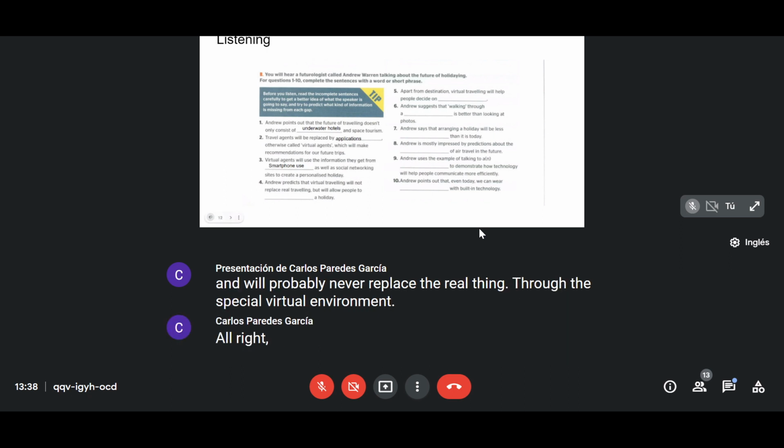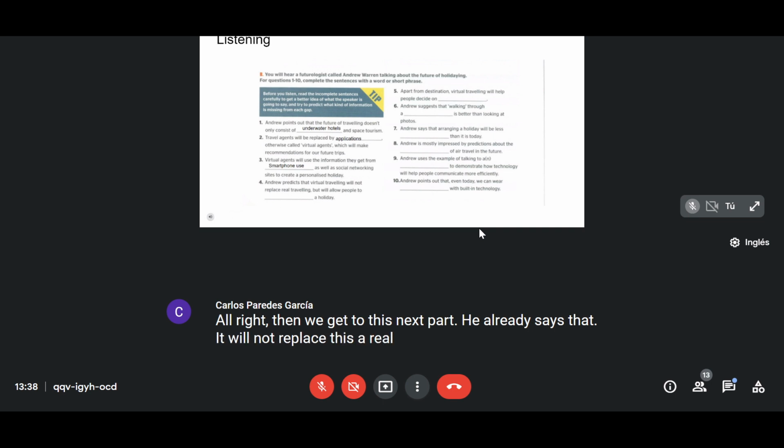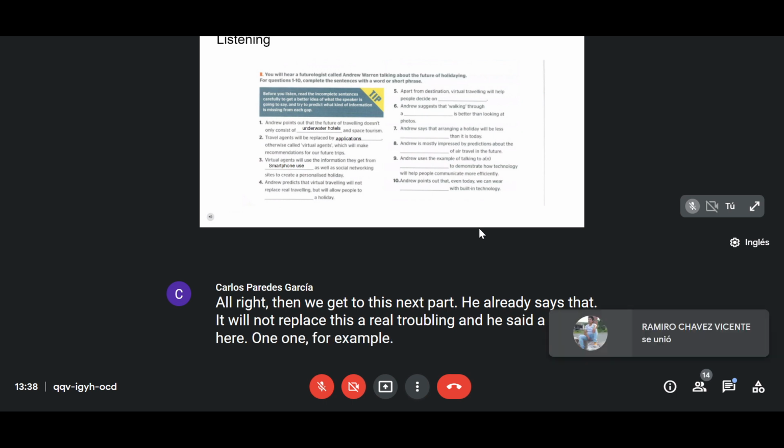All right. Then we get to this next part. He already says that it will not replace this real traveling. And he said one phrasal verb that we already saw last unit, I think.